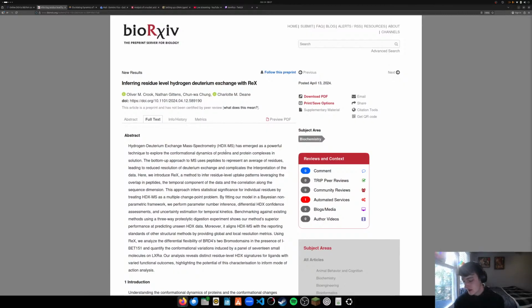Either you have experimental data and you deconvolute the peptide level uptake into residue level observables, and that's what this paper does. My approach is I take the protein structure and predict, from features that you can derive from protein structures, residue level uptake.